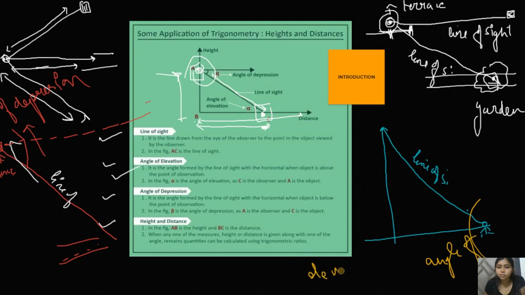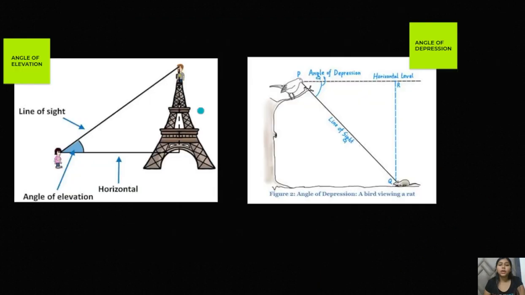I hope you are clear with them. So the main things that you have to learn in this chapter are line of sight, angle of elevation and angle of depression, right?